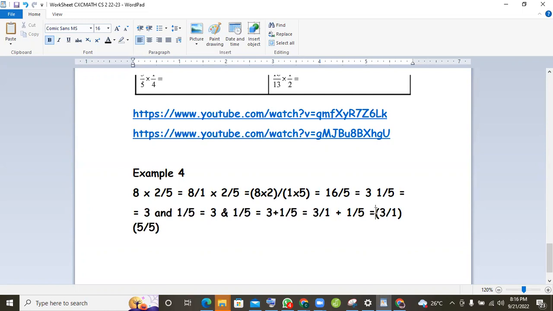We are going to keep our 1 over 5. We're going to get 15 over 5 plus 1 over 5, and 15 over 5 plus 1 over 5 is 15 plus 1 over 5, and we could get back our 16 over 5.